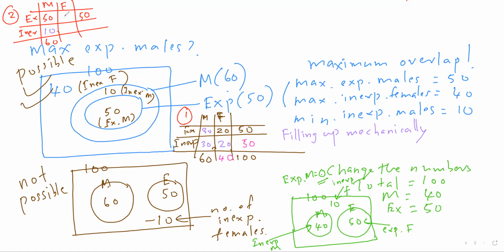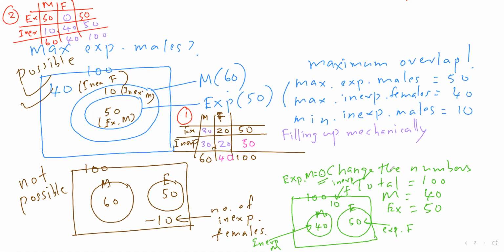This is 50, so this becomes 0. And this is 40, because it's 100, and this becomes 40 again. So just the same thing, but without much visualization, using the grid method, you can do it without much thinking.